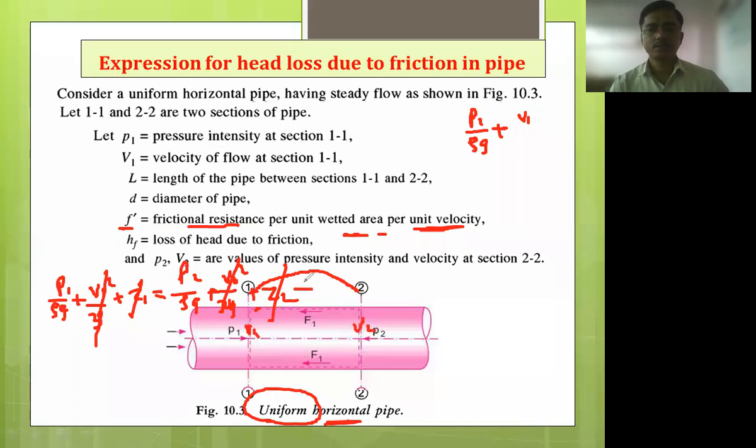Plus, at this place we have to write HF or HL, the head loss. When water flows from here to there, the head loss that occurs here we have to add here. This is the modified Bernoulli's equation that we have seen. So this HL or HF will be equal to, if I take P2 across, P1 upon rho g minus P2 upon rho g.